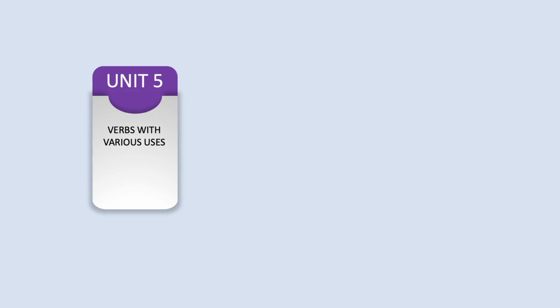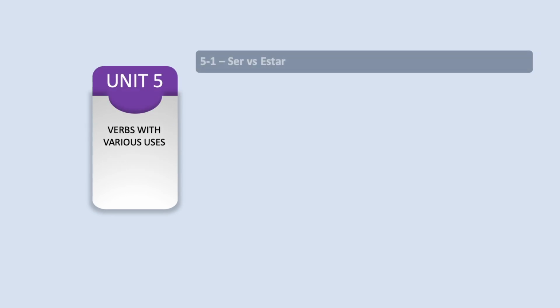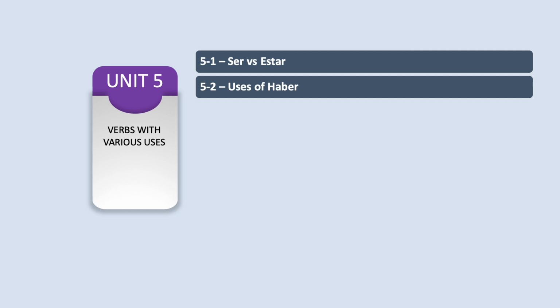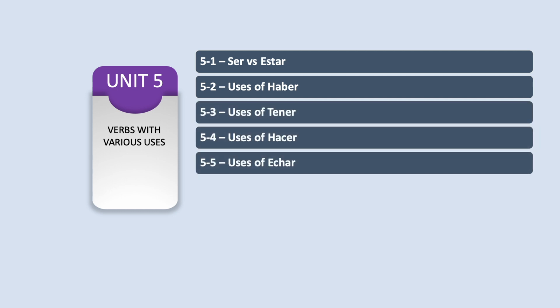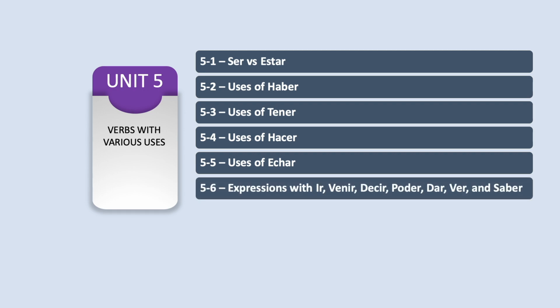Unit 5 explores certain verbs that can be used in a variety of ways, starting off with ser and estar, and the differences between these two verbs. We also have the uses of haber, tener, hacer, and echar. One lesson will combine the uses and expressions of ir, venir, decir, poder, dar, ver, and saber.